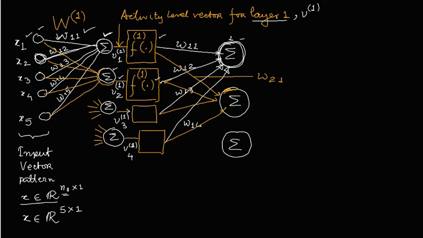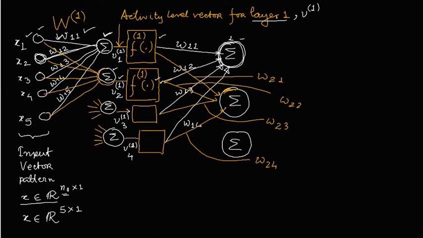Similarly, this one will be W22, and this third one will be W23, and this fourth is going from second neuron to fourth activation function, so W24.